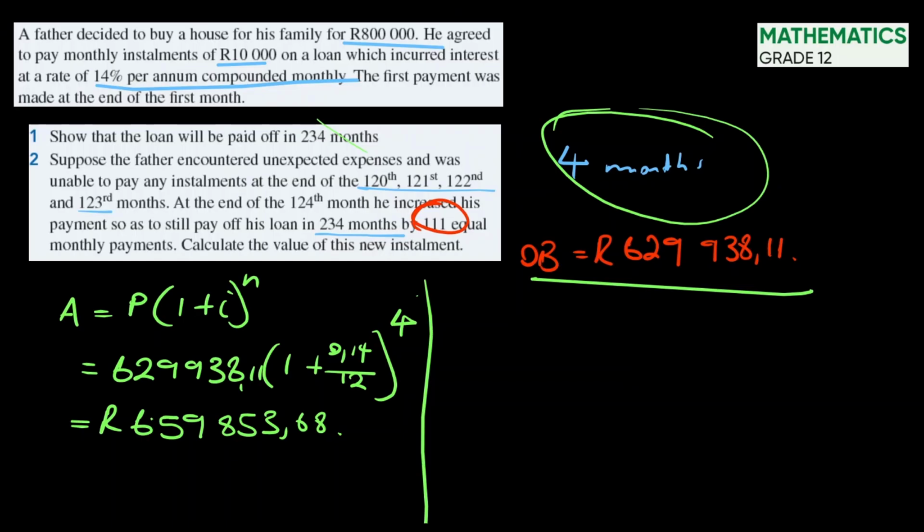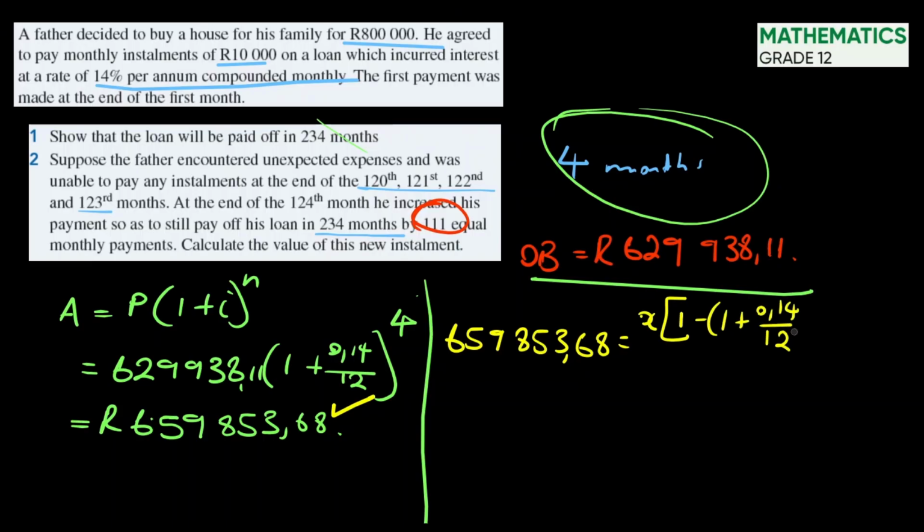So remember, using present value. This is the loan amount he's owing. You go to the present value formula and substitute the present value. We want to calculate our monthly installment, which is x, square brackets, 1 minus (1 plus 0.14 divided by 12) to the power of minus 111, over 0.14 over 12.